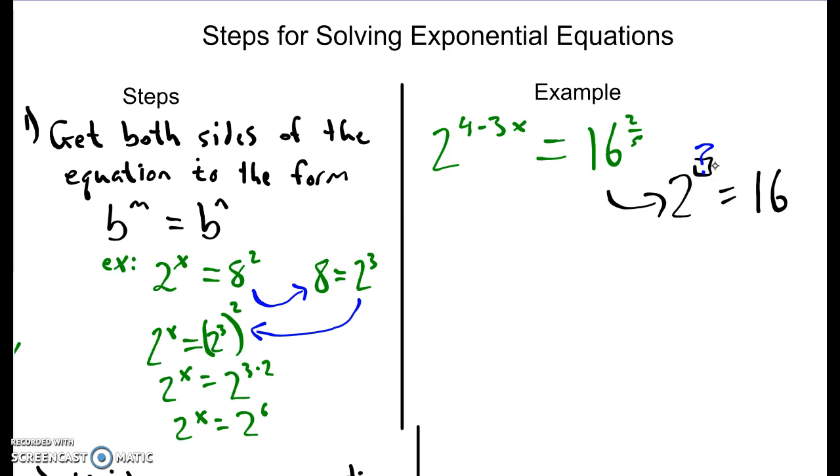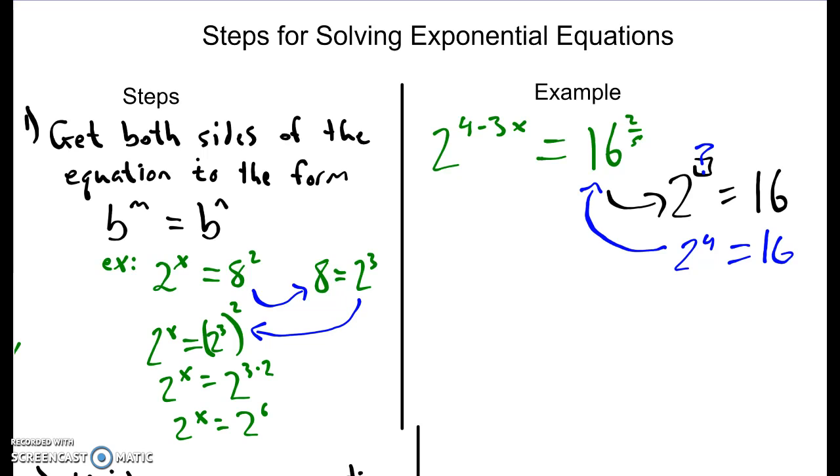So we'll flip through: 2 to the first is 2, 2 to the second is 4, 2 to the third is 8, and 2 to the fourth is 16. So 2 to the fourth and 16 are the same thing. In place of 16, we can sub in 2 to the fourth. And this helps us because we have a base 2 over here, and if we have a base 2 on both sides, we have an equation that we can work with.